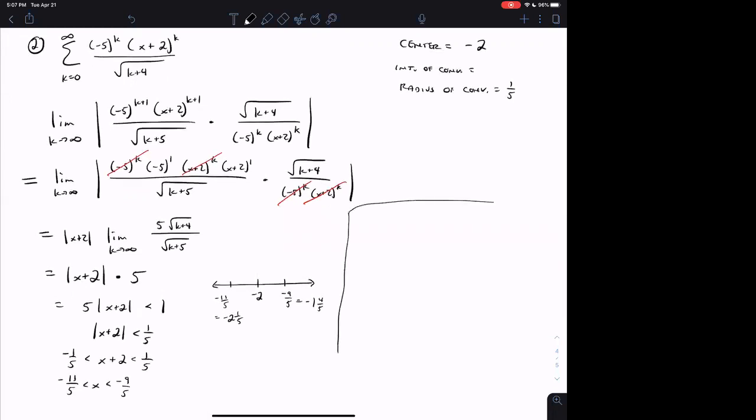So we plug in negative 11/5 for x first. And so that gets us the sum of negative 5 to the k times negative 11/5 plus 2 to the k over the square root of k plus 4. That gets us negative 5 to the k times negative 1/5 to the k.